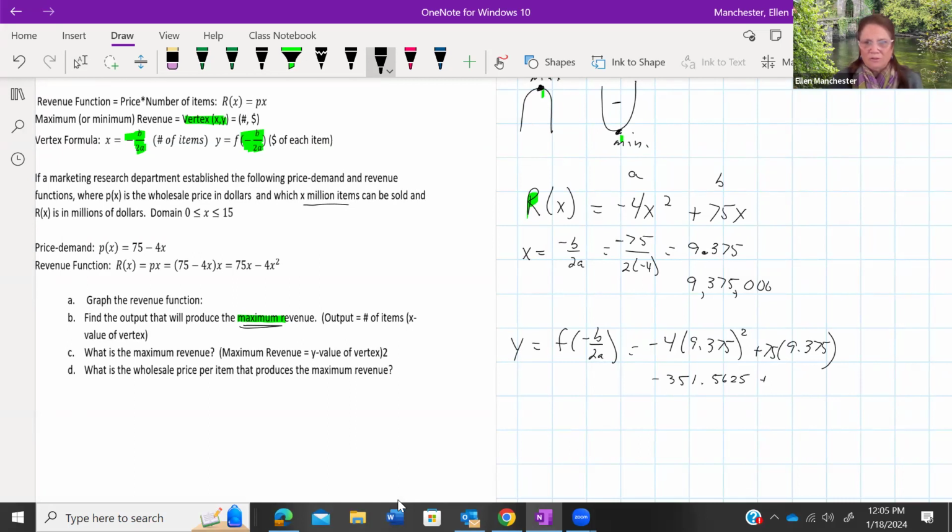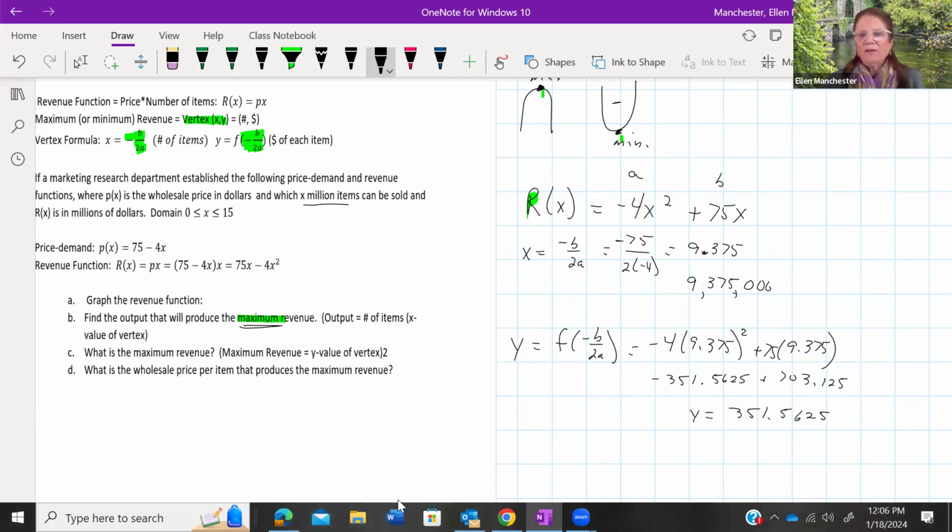Don't round, never round. And then plus 75 times 9.375. So this is 703.125. And then when I add those two, I get 351. So it's half.